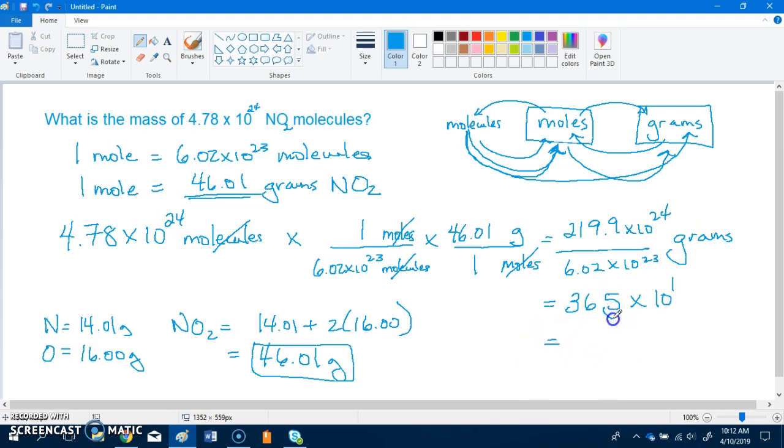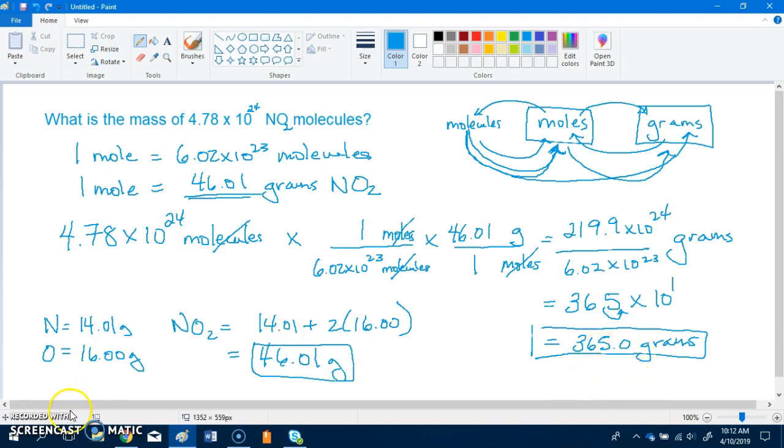So that just means we move our decimal over by 1. And that's our answer right there. So 4.78 times 10 to the 24 nitrogen dioxide molecules is equal to 365 grams.